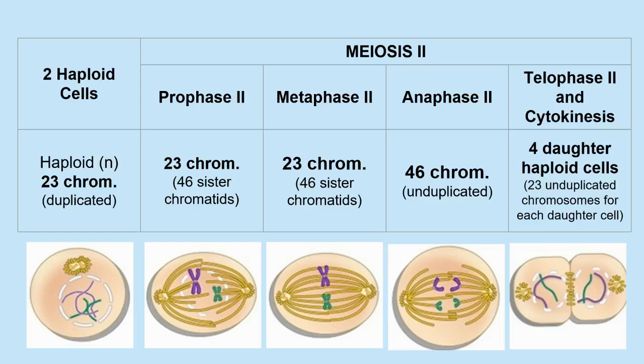So yeah, from the diploid parent cell, after meiosis I, naging two daughter haploid cells with 23 duplicated chromosomes for each daughter cell. But right after meiosis II, four daughter haploid cells na po yung na-form, 23 unduplicated chromosomes for each daughter cell.